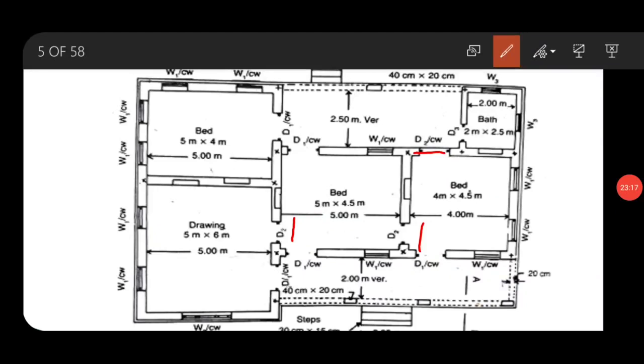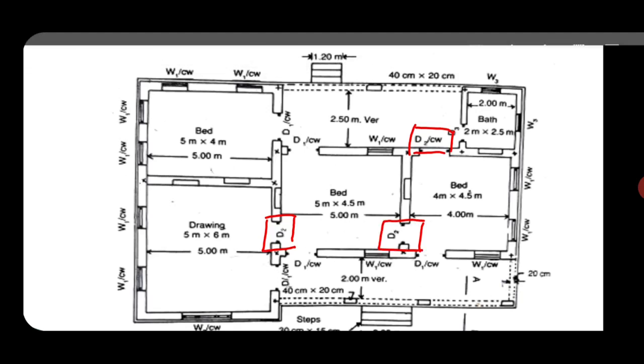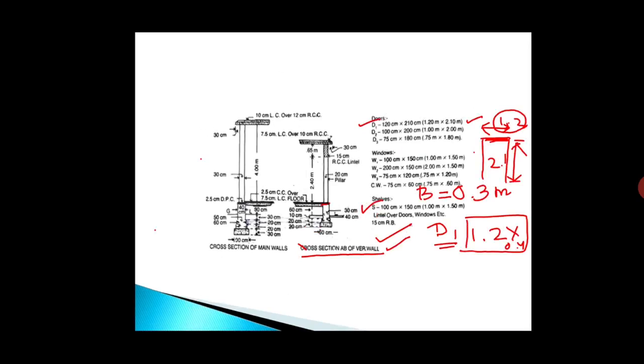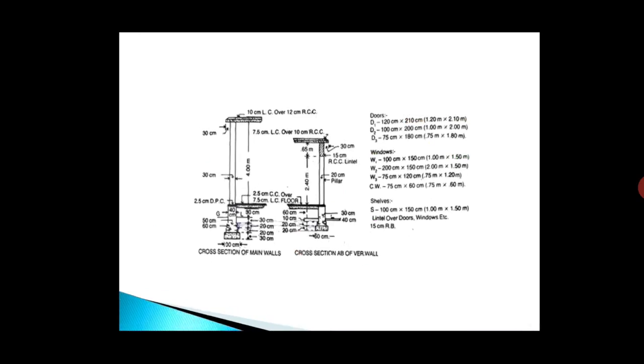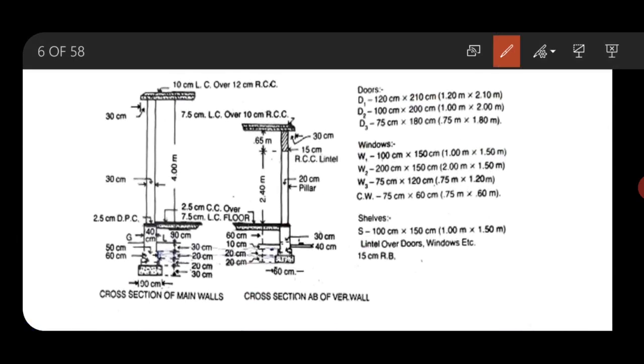See here, there are 3 numbers of D2 type of door. Okay, and all these doors are present in 30 centimeter wall. Then here you can see the dimension of this door. This is of dimension 1 meter by 2 meter. So its length is 1 meter and height is 2 meter.